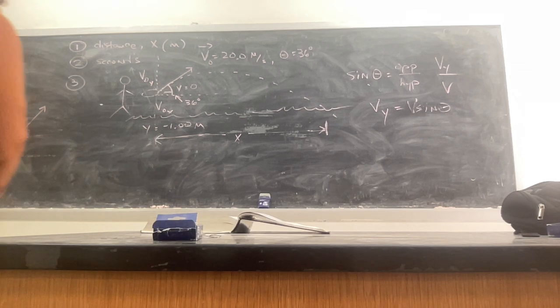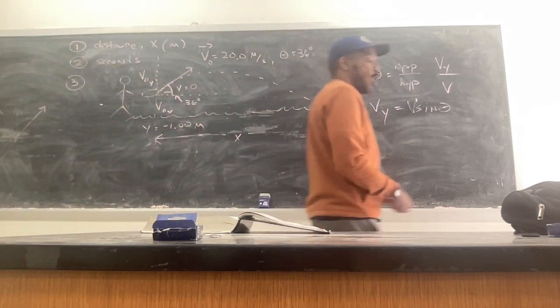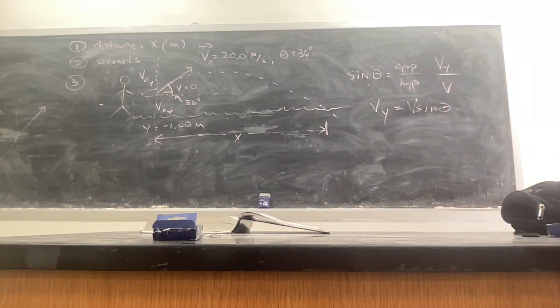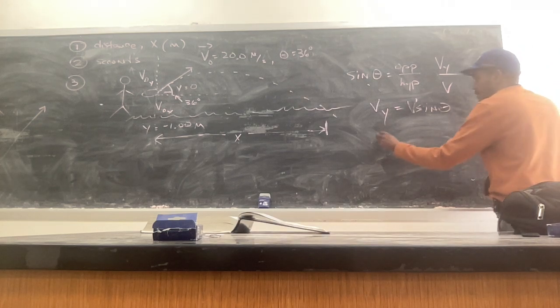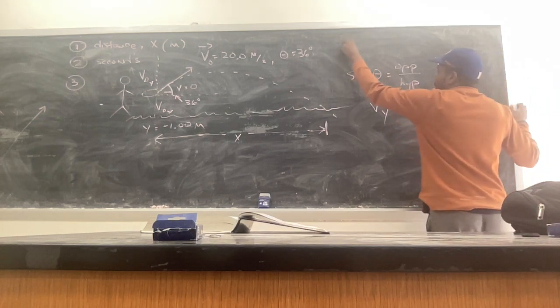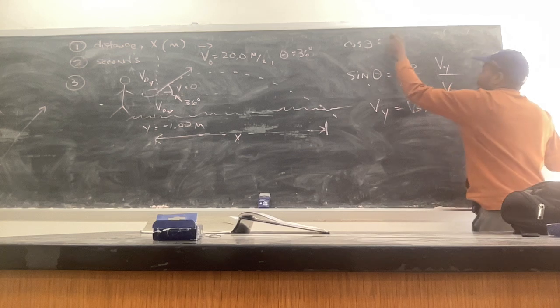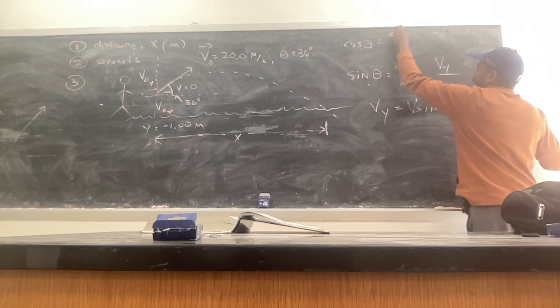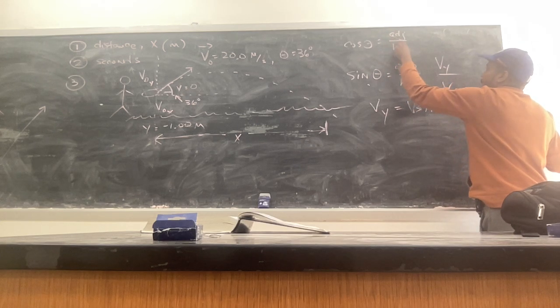All right, so how do we get the x component? It ain't but one other one. Cosine, right? Cosine theta is equal to what? Adjacent over hypotenuse.